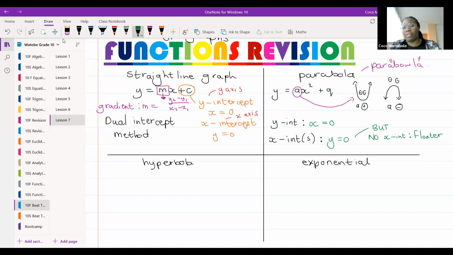If I have my Cartesian plane like that and my graph is a floater, it means it sits above the x-axis like that. Do you see how it doesn't cut the x-axis? So it does not have any x-intercepts. It will only have a y-intercept. Give me a thumbs up if that makes sense.